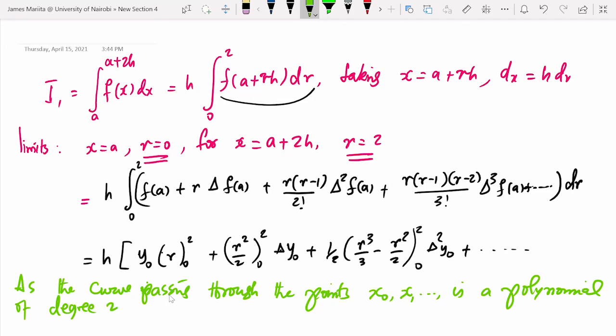Since it's a polynomial of degree 2, the differences of order higher than 2 will vanish.